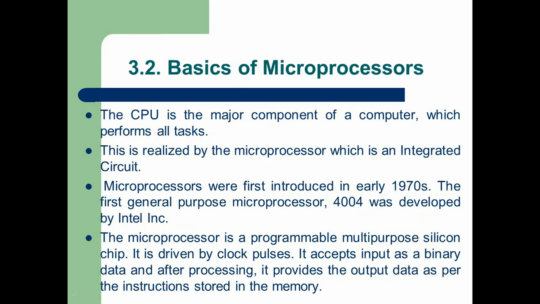The next topic is basics of microprocessor. In the above discussed 5 units, one of the main units is the CPU, that is the central processing unit. This unit is also called the brain of the computer because all the processing is done here.